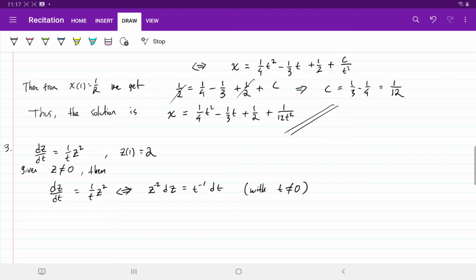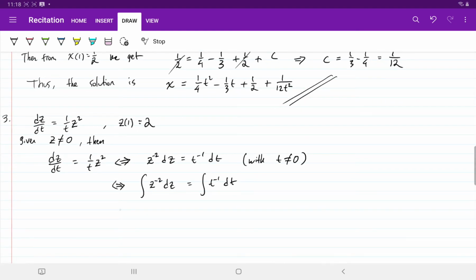Now we can integrate both sides. So z to the minus 2 dz, right? So this you get minus 1/z plus c1.